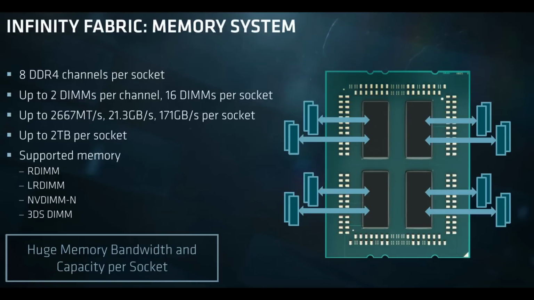We're going to run through several of AMD's slides just to explain why we're doing what we're doing, but the Infinity Fabric is an interconnect that allows AMD to stitch together smaller pieces of silicon and achieve a larger total system. So one of the first slides that AMD gave us, they show that each of the up to 8 core die per package can address 2 channels of DDR4 memory and up to 2 DIMMs per channel.